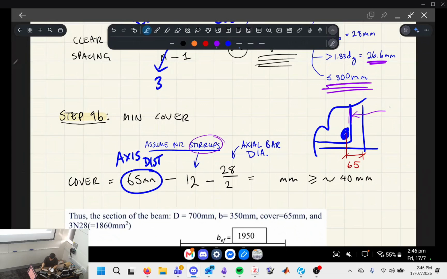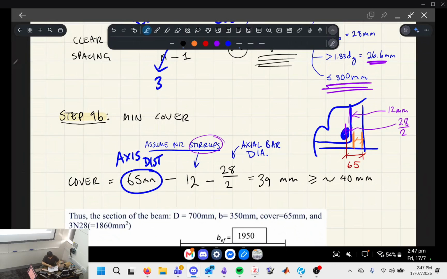In other words, they're 12 millimeters thick. And we're going to take half the axial bar diameter. So that's an N28. So we divide that by 2. And we want to find the clear cover. Okay, so here to here. And what we find is that is equal to 39, I believe.